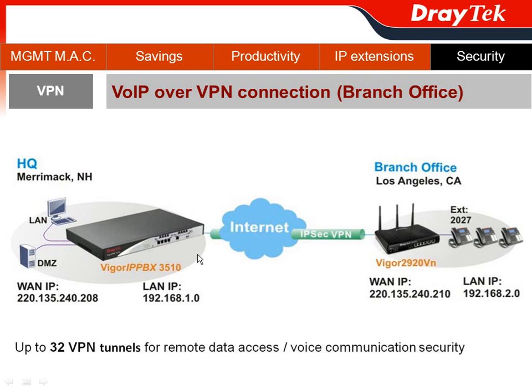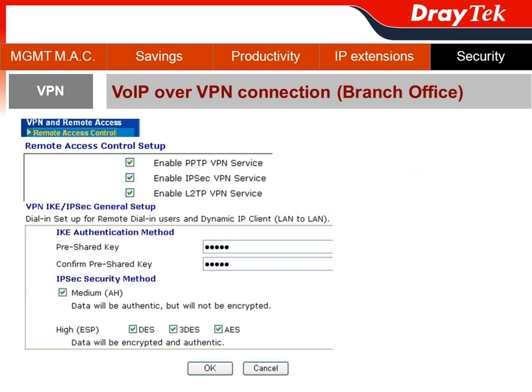You may notice we already gave you the WAN IP and LAN IP of these two sites. Later, we can use this information to build the IPsec LAN-to-LAN VPN connection for the headquarters and the branch office. For establishing the VPN connection, go to VigorIPPBX Certified 10's web user interface, choose Advanced, and then go to VPN and Remote Access.